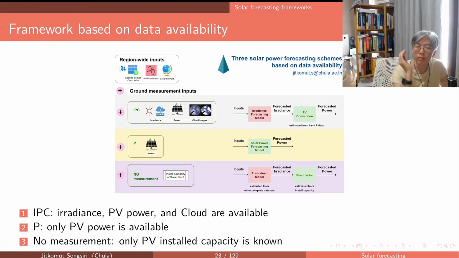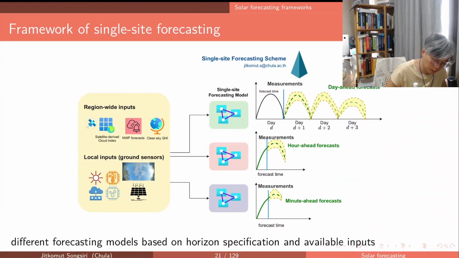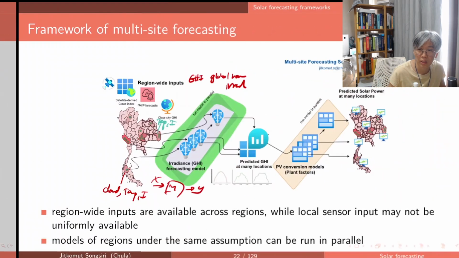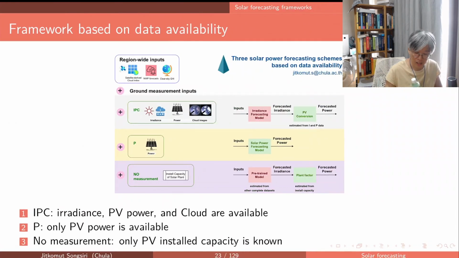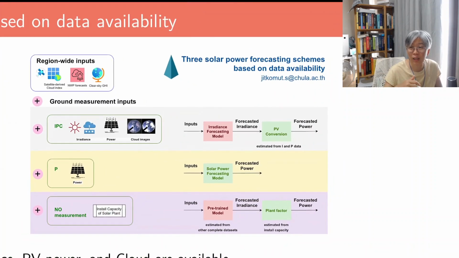Now, the next one is the aspect of how to implement the model, either single site or multi-site. But I would say the aspect that effectively impacts the decision of how you come up with the model is actually the data availability, because the data is the raw ingredient for your model.